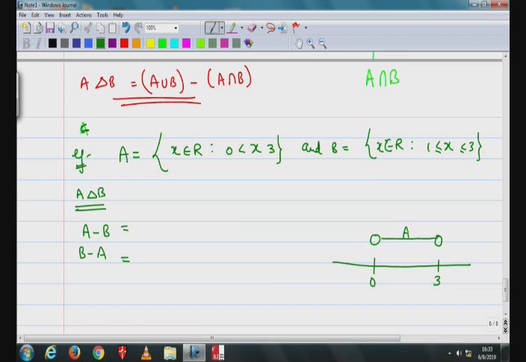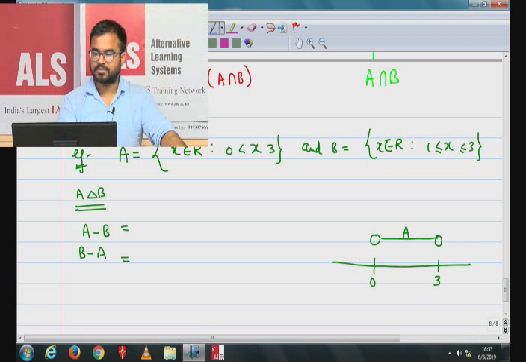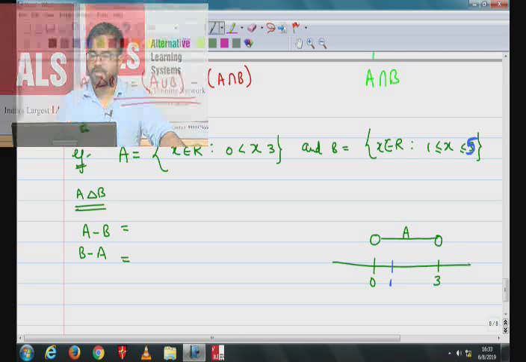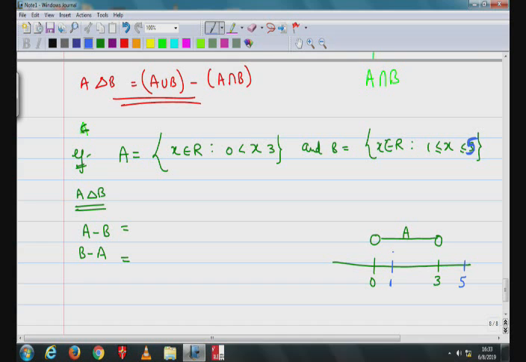This is A, and B is 1 to 3, so let's say 1 to 5, and both of them are included. So we take 1 over here and 5 over here. Since both are included, it will be a dark circle.